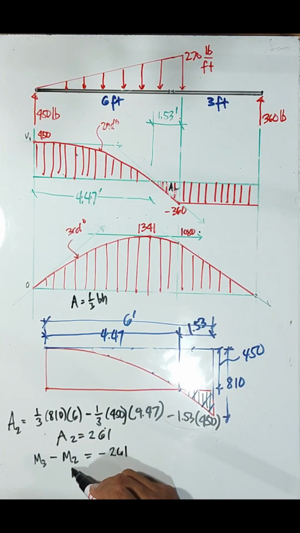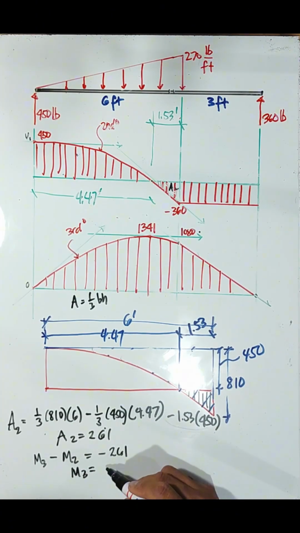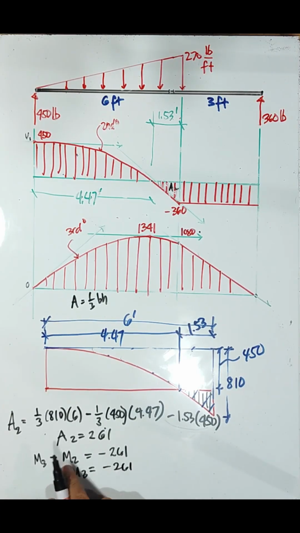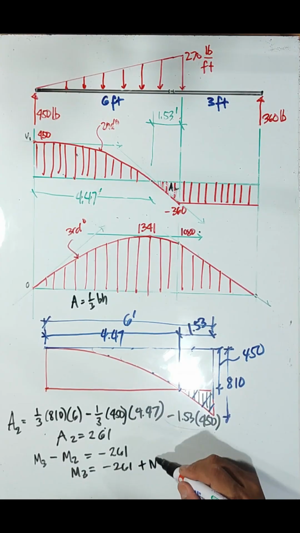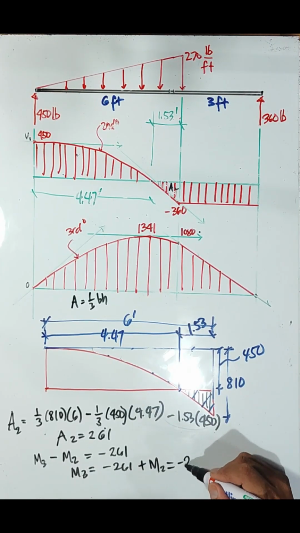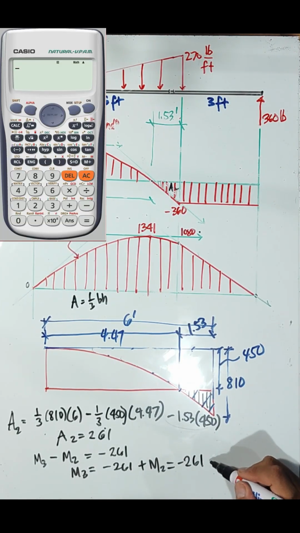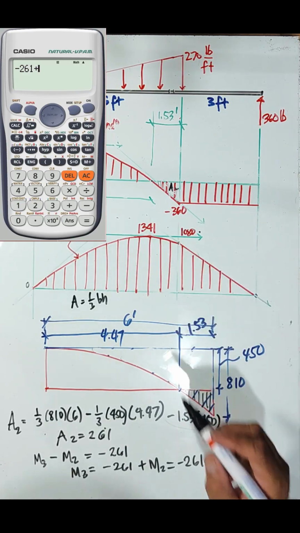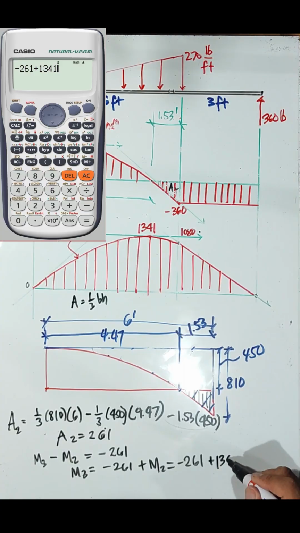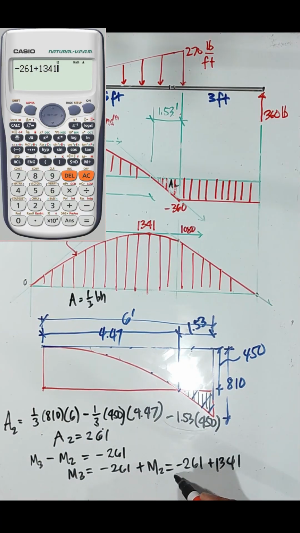So M3 equals minus 261. This becomes plus M2, and M2 is 1,341. So M3 is equal to 1,080 foot-pounds.